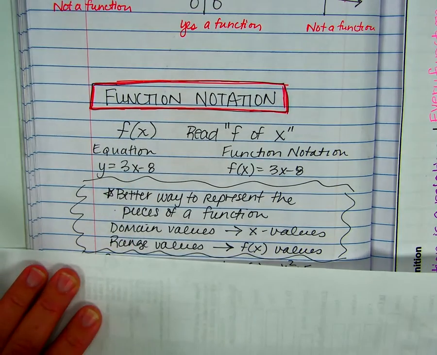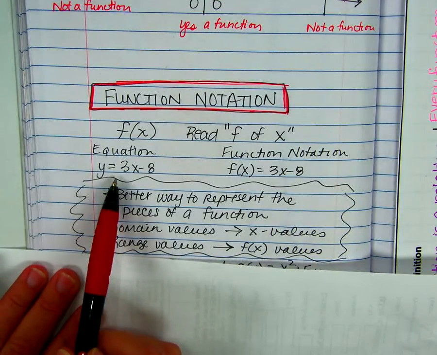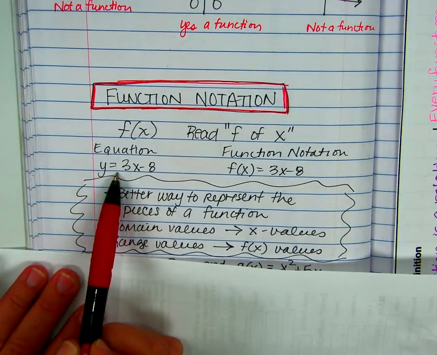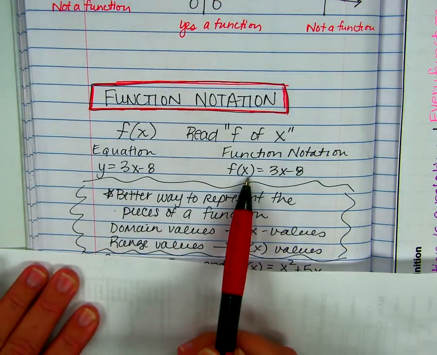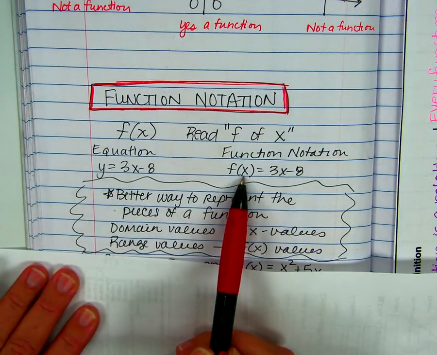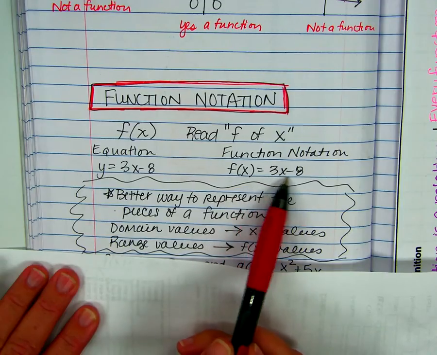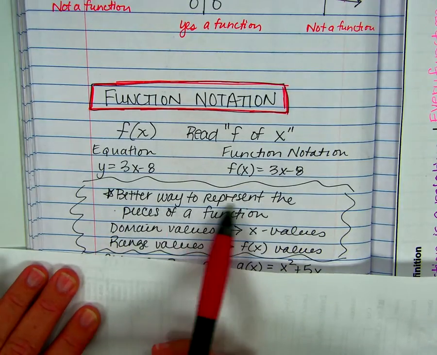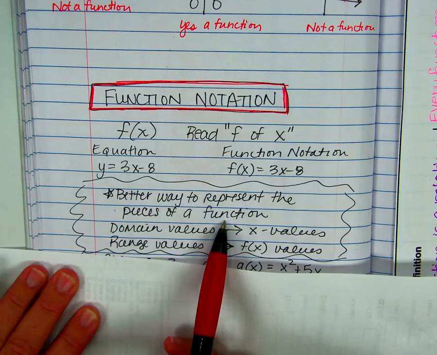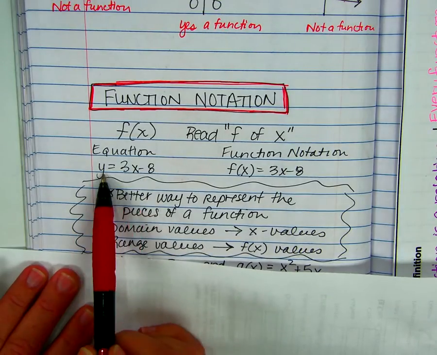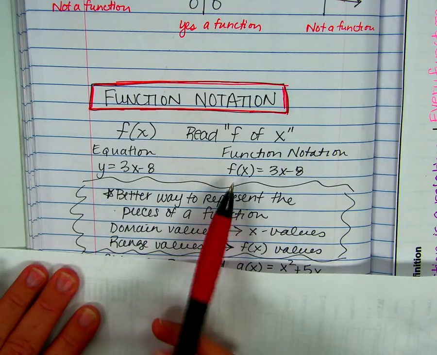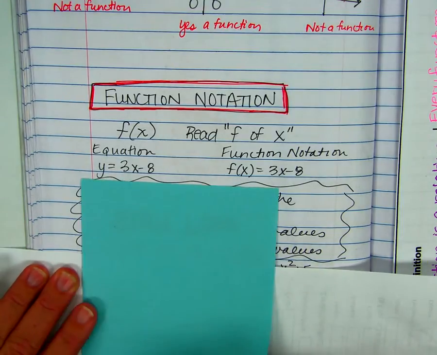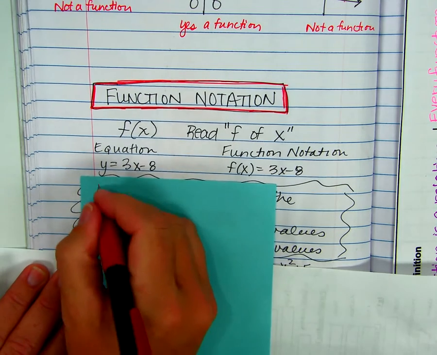Okay? So let's take a look. If this were just an equation, y equals 3x minus 8, this is how we would write it in function notation. We would say f of x is equal to 3x minus 8. This is that better way to represent the pieces. So if I want to find the y value when x is 1, I just have to plug in 1.